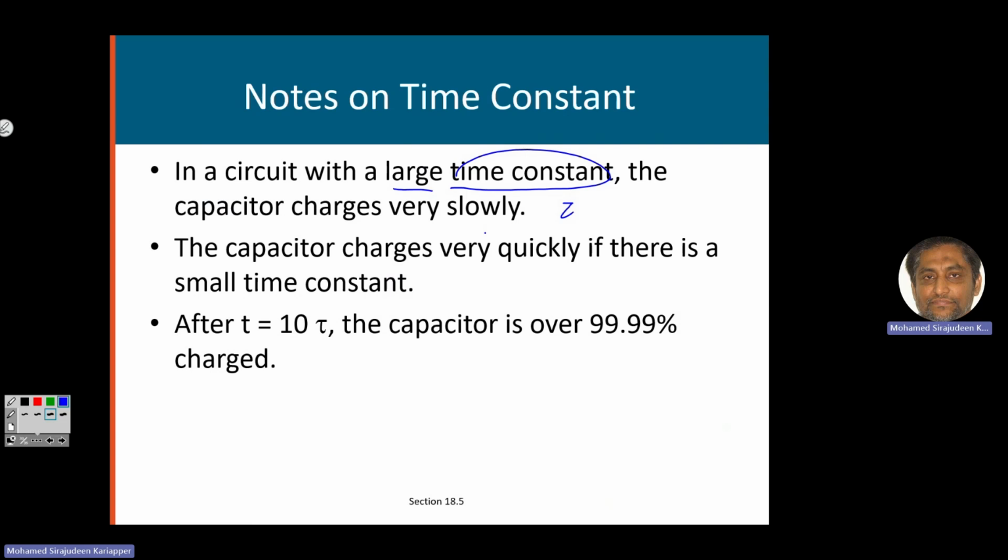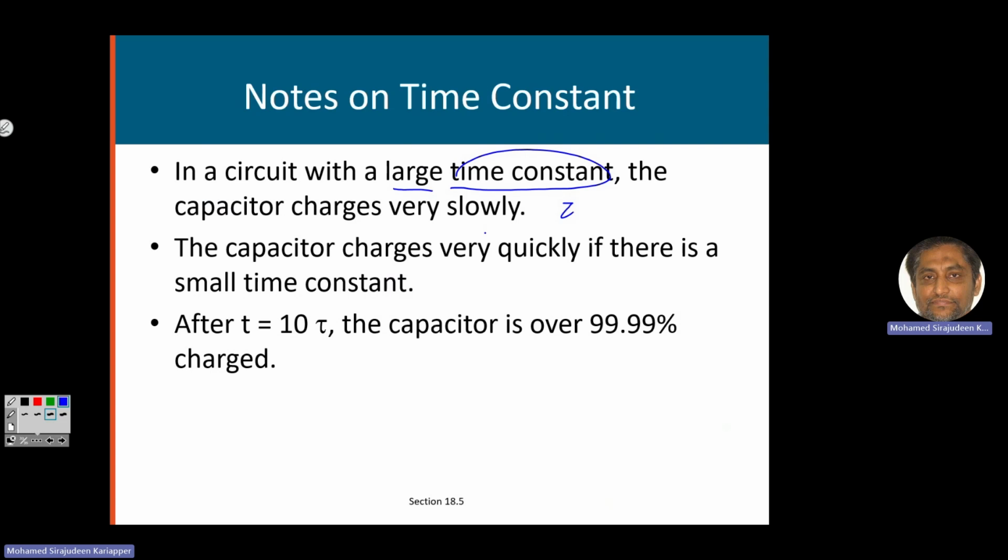So if tau is large, it will charge slowly and take longer. If it is small, then it will charge quickly, faster. However, you don't have to wait too long to get it completely charged. Theoretically, we have to wait infinite time, right? Wait forever.